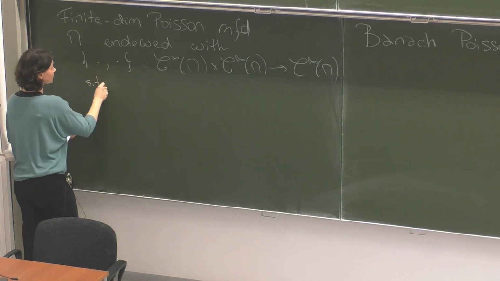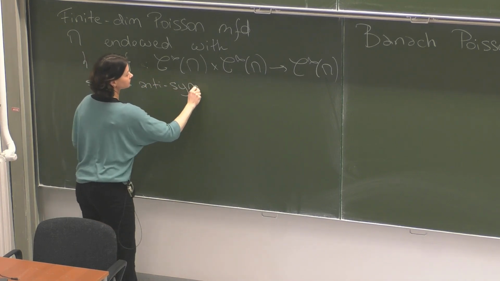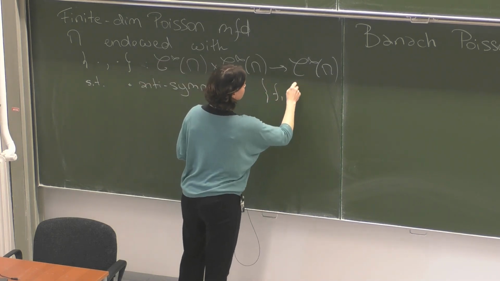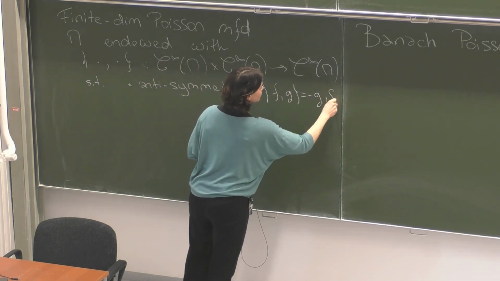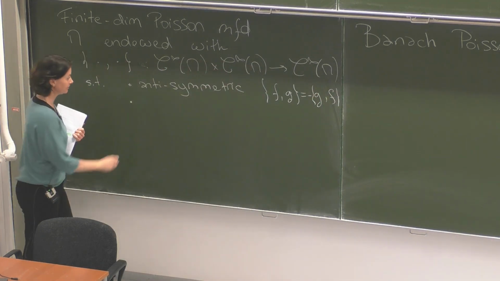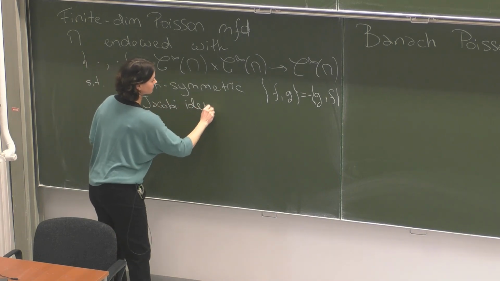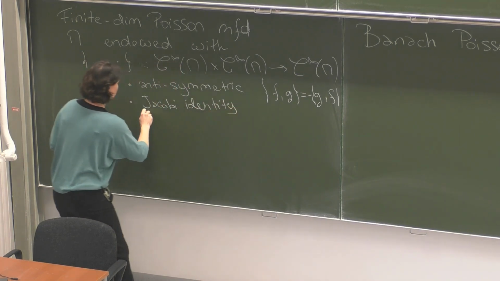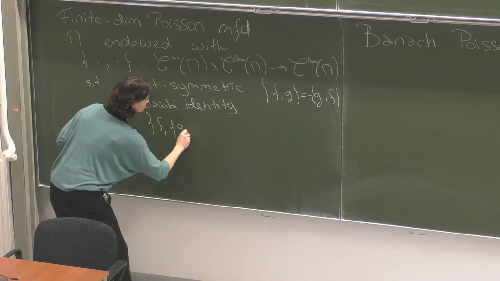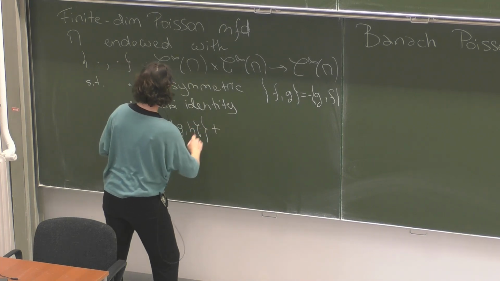And it is such that it is antisymmetric. So F bracket with G is minus G bracket with F. It satisfies the Jacobi identity. So you have a bracket of F with a bracket of G and H, where F, G, and H are smooth functions on the manifold.